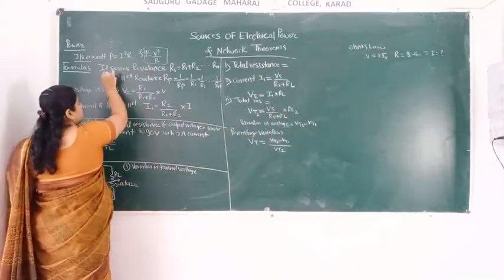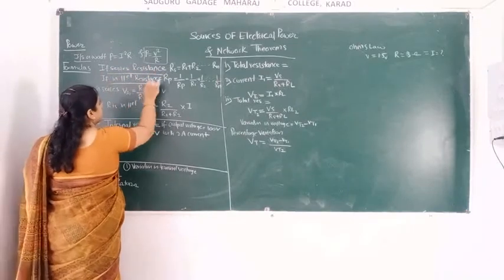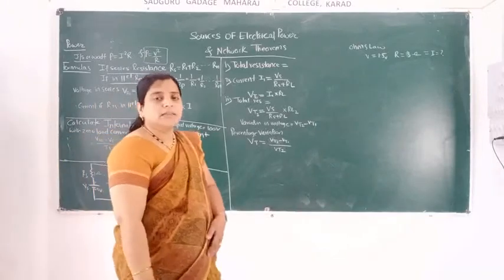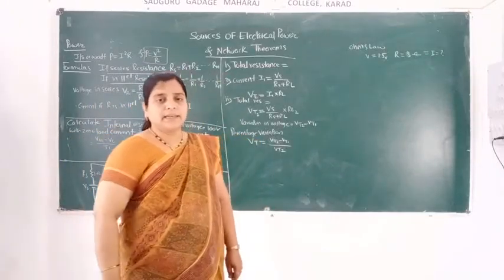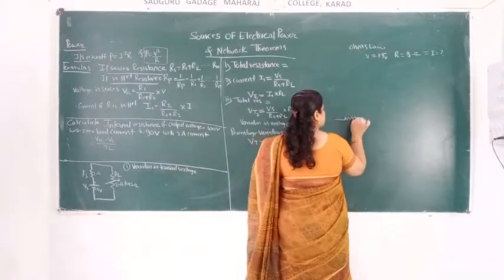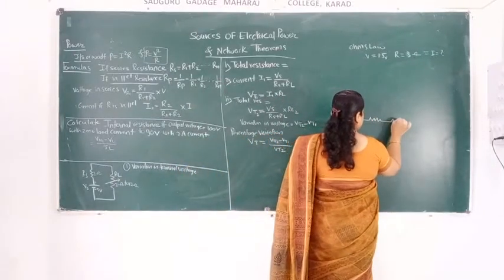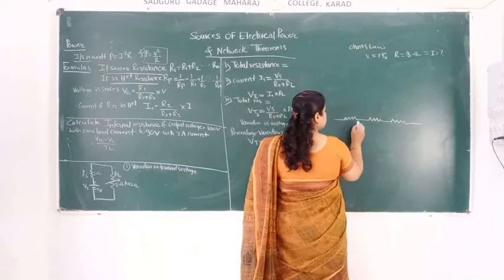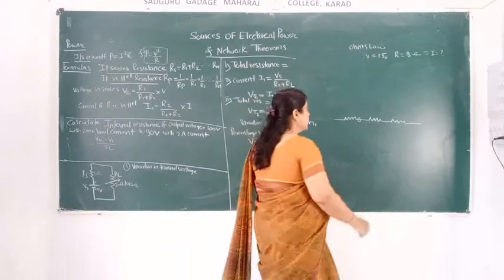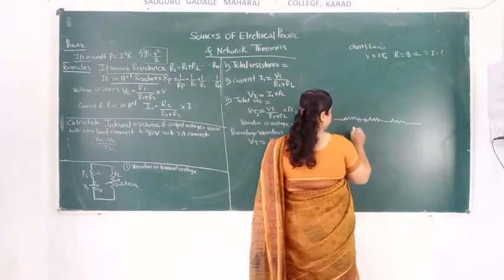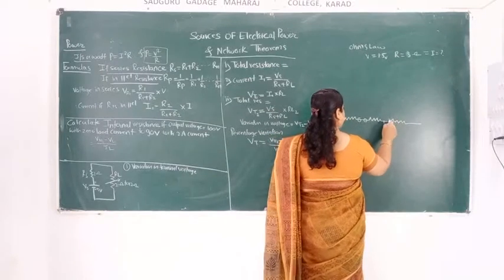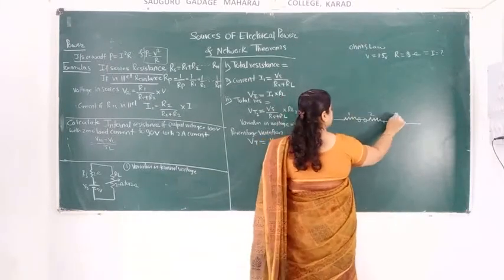The same formulas are there for series resistance and parallel resistance. We saw this in capacitors: when explaining capacitors, if they are connected in series, what does series mean? One resistor is connected, then a second resistor is connected, then a third.